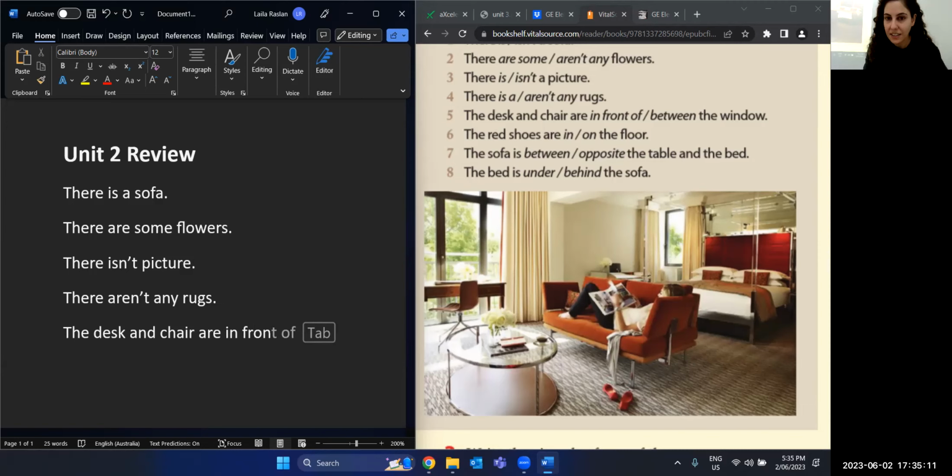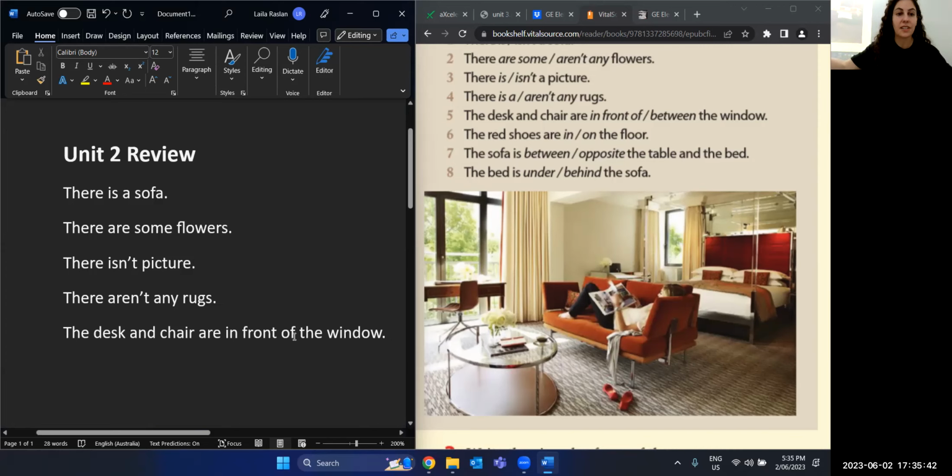Number 5, Fernando. The desk and chair are in front of the window. Yes. So now we are starting to look at preposition of place. So it means that noun, where is it? Is it on top of, underneath, behind, in front of, to the side, on the wall, in front of, opposite?